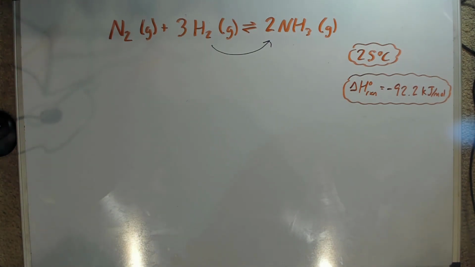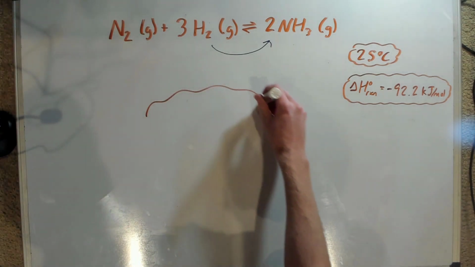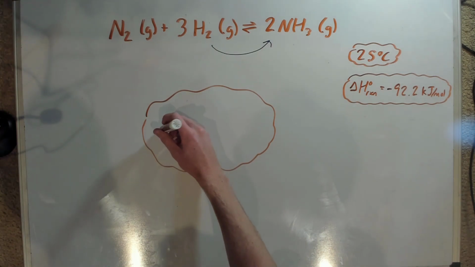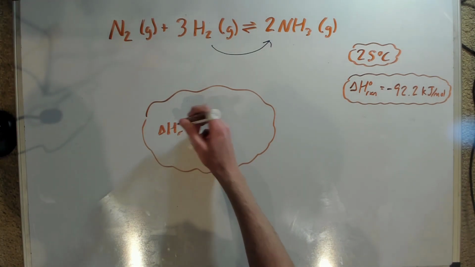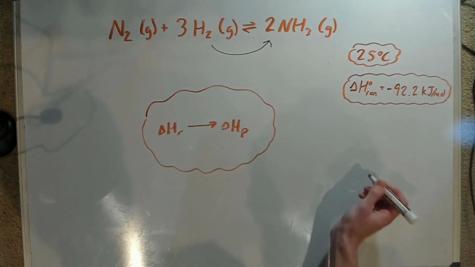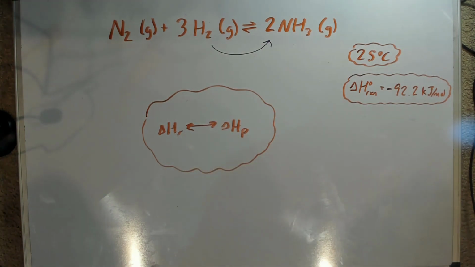Conservation of energy states that no matter what goes on, there's still going to be a constant amount of energy in the system as there was at one point in time or in the other, assuming you have a large enough system. Which means that if our system consists of the entire reaction, the amount of energy from the reactant side is going to be equal to the amount of energy from the product side, both ways.